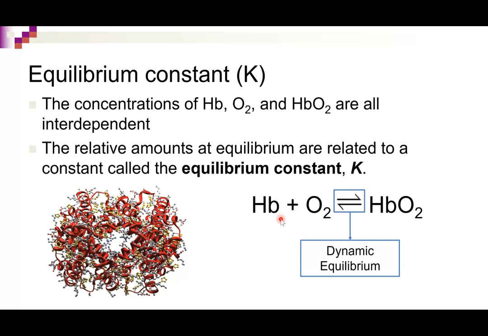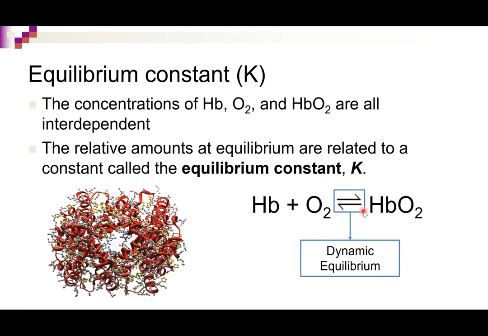Let's talk a little bit more about this idea of a dynamic equilibrium. When we are in a dynamic equilibrium, we've got this forward reaction and this reverse reaction. What's nice about this reversible reaction is that it gives us the opportunity for either to happen.